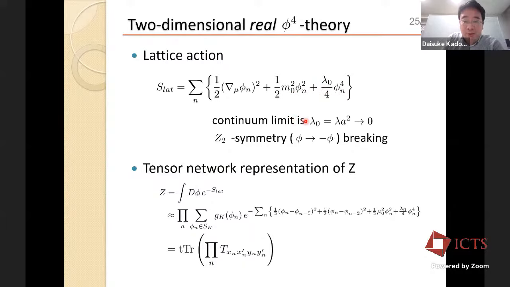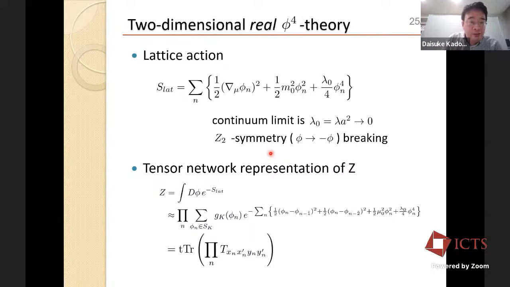The continuum limit of this theory corresponds to the lambda 0 to 0 limit, and this action is invariant under the Z2 transformation. This Z2 symmetry is dynamically broken. So we study the critical coupling. We evaluate the value of the critical coupling constant using the TRG calculation.